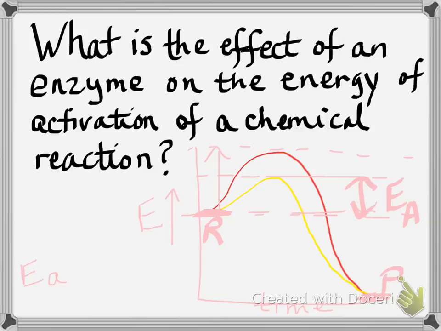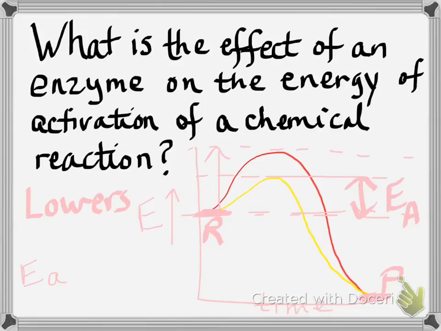Well, first of all, I have a yellow line and a blue line. Can you see that? One of these lines is with an enzyme, and one of them is not. Which line would be the line with the enzyme? The lower one. And so what does an enzyme do to the energy of activation? It lowers it. So I'll write that down.